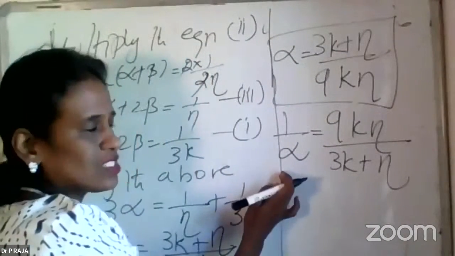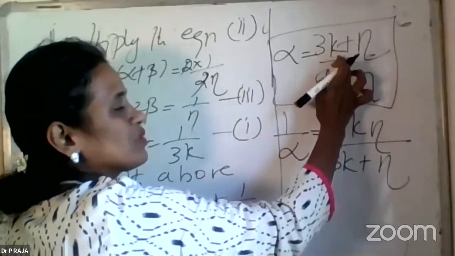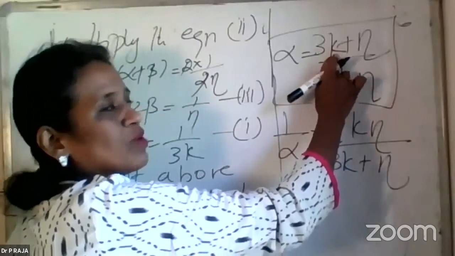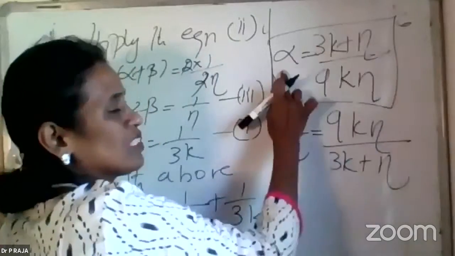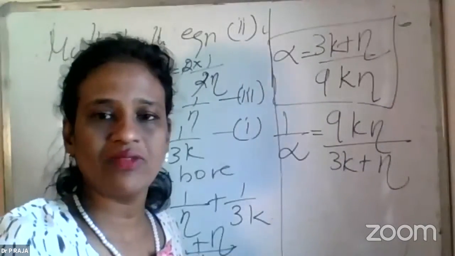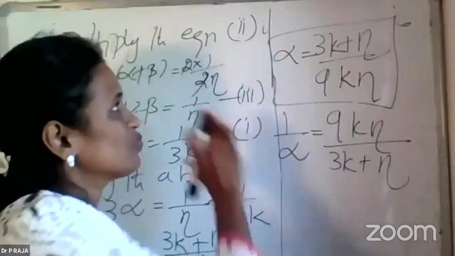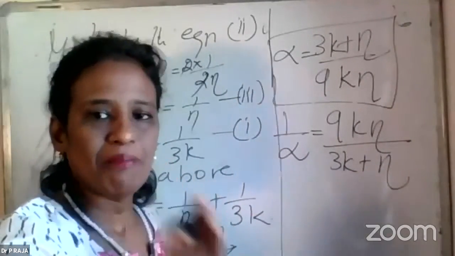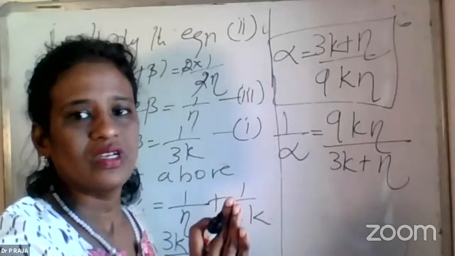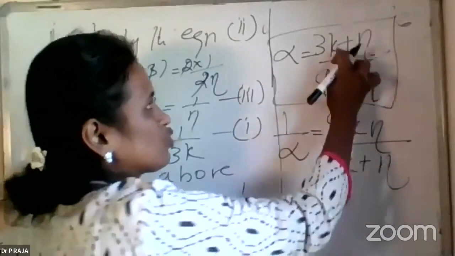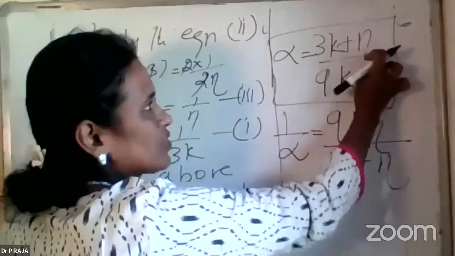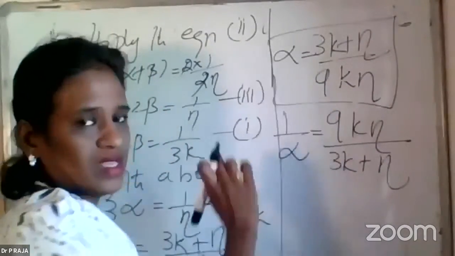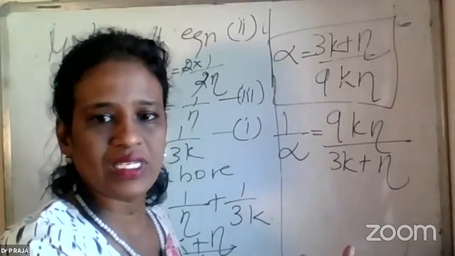Why we are bringing it in this form is, we have got a term with respect to the bulk modulus and modulus of rigidity and the Poisson's ratio, but we have not arrived at the Young's modulus. Initially we started to derive the Young's modulus, bulk modulus, and the modulus of rigidity. But so far we have two relationships with Poisson's ratio, but the Young's modulus factor is not there.